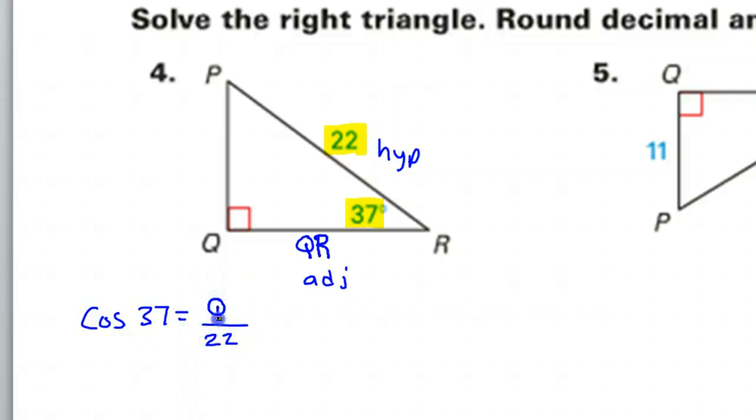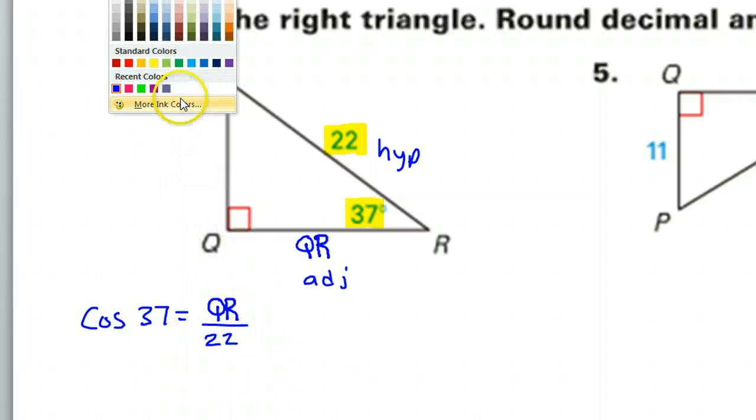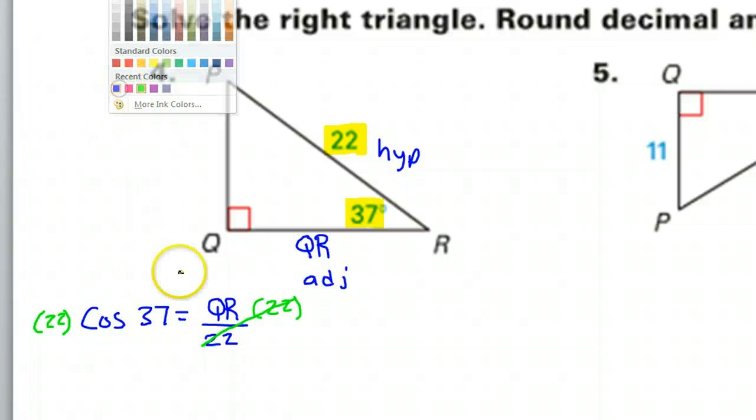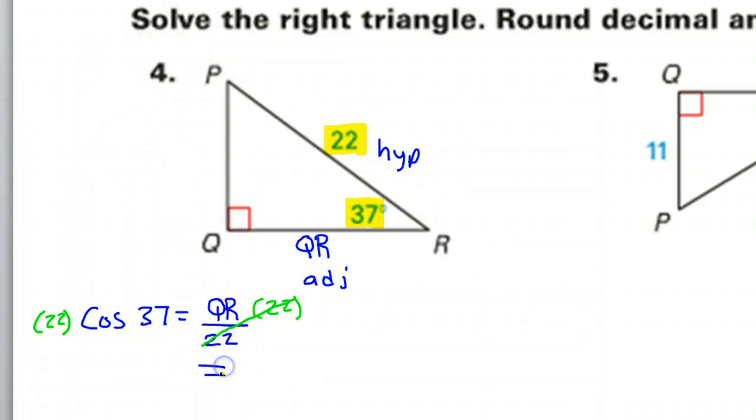So to solve this, I will simply multiply both sides by 22. That way these 22s will cancel out, and now I'm ready to find QR. QR is equal to 22 cosine 37.